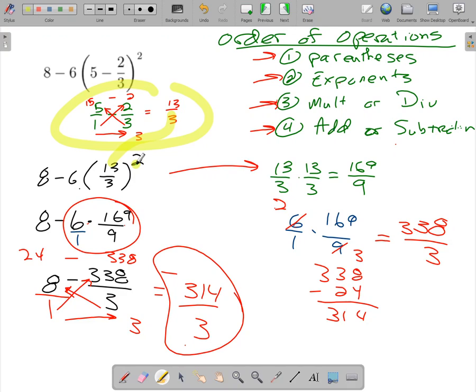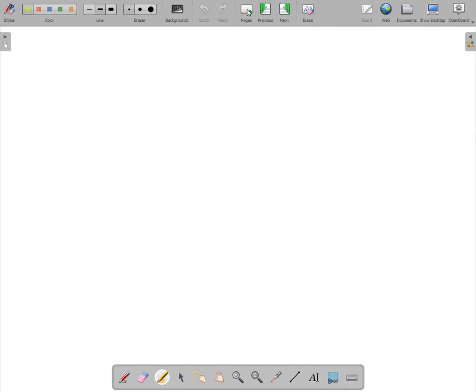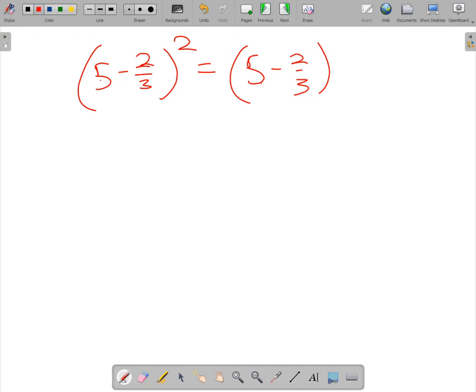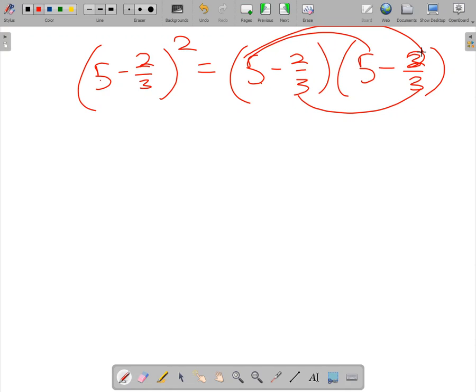Because then what happens is you're going to have to view it this way. 5 minus 2/3, is that what it was? Yeah. Squared means that you have 5 minus 2/3 times 5 minus 2/3, which means you have to distribute. So not only do you have 5 times 5 and 2/3 times 2/3, but you have to take 5 times 2/3 there, and this 5 times, what did I do wrong?